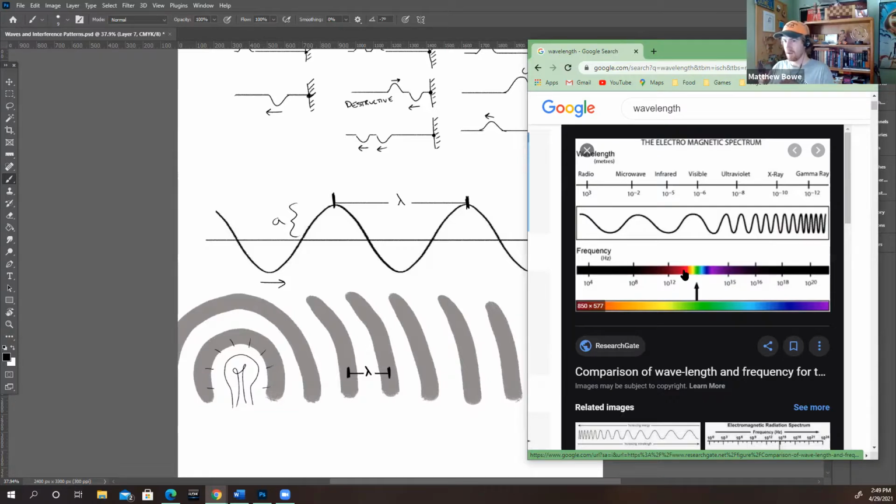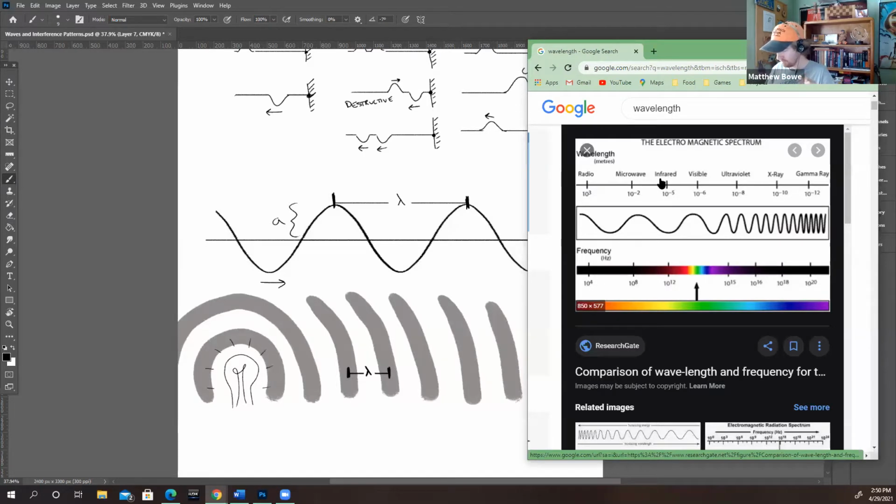If I get a longer wavelength and stretch it out even farther than red light, I'll start to get into infrared right here. So that becomes actual heat. Those are heat waves. There are cameras for looking at heat patterns on people and things like that.